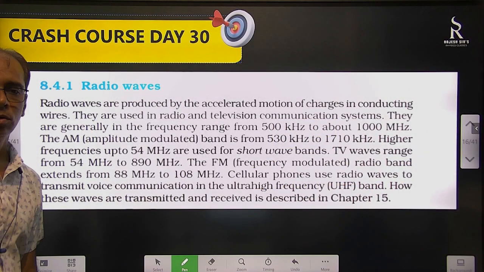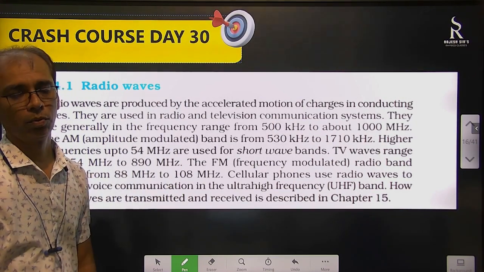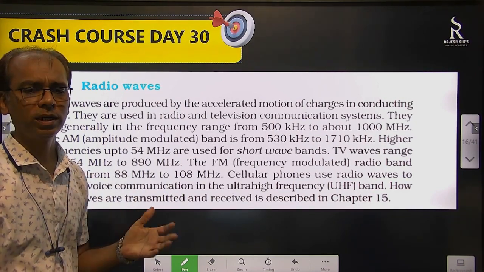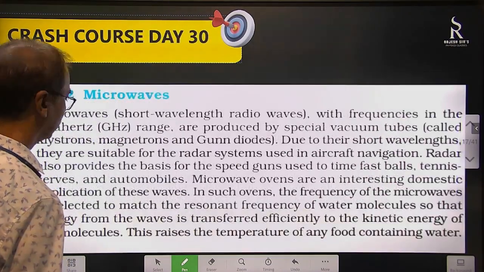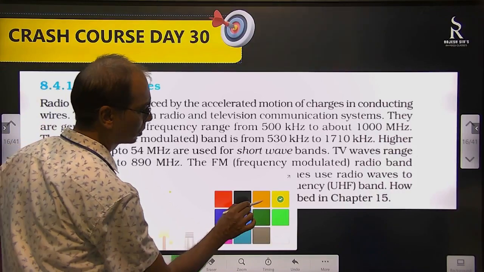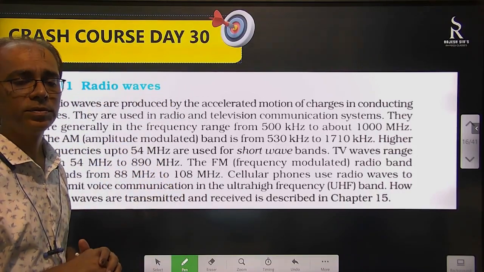Now this is actually the information which is given in NCERT and we should know about electromagnetic waves. What electromagnetic waves do we know about?